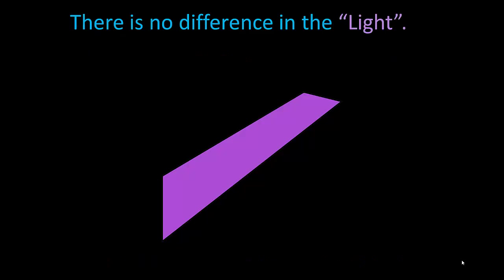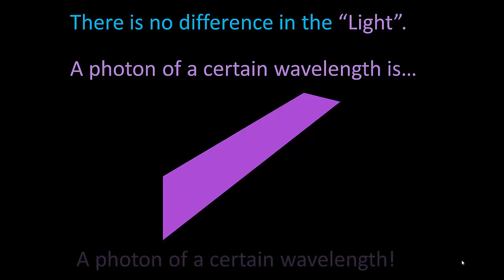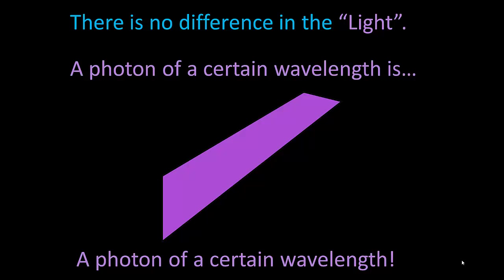There is really no difference in the light reflected off of the surface, passing through an aperture, or radiating from the surface as a light source itself. A photon of a certain wavelength is a photon of a certain wavelength. Earlier, I said that you couldn't discern the photons from the sun from photons coming from another light source. I meant a particular wavelength.